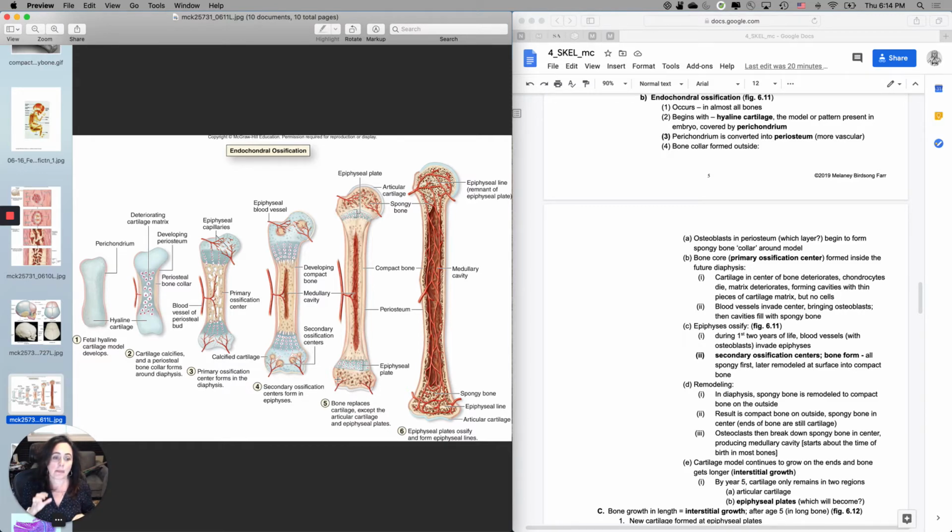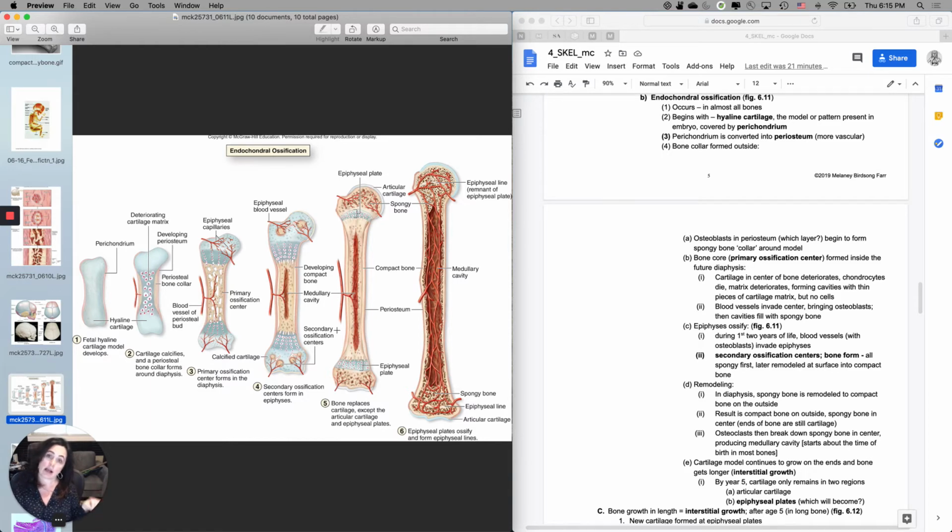And then the remodeling is going to be going on, and the remodeling will basically say, okay, where do I need spongy bone? Where do I need compact bone? Where do I need a medullary cavity? So what's going to happen with remodeling is in the diaphysis, the spongy bone is going to be scooped out of the middle using what kind of cell do you think?